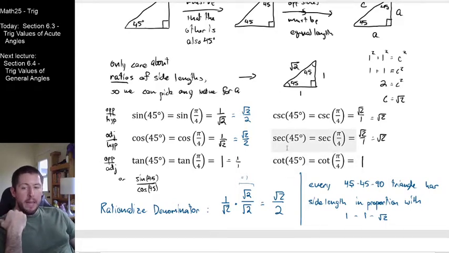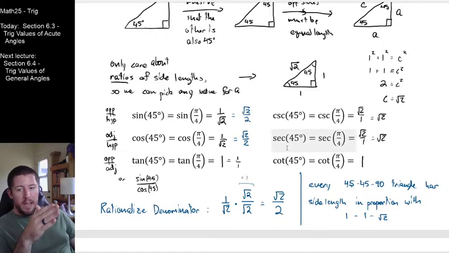So in my mind, I always come back to these triangles. If I were to ever forget these values, which I have been beat over the head with a trig stick my entire life, so I know these, I don't need the triangle anymore. But if you're learning these for the first time, if we're talking about the least you can memorize and still know all this, I think it's just the triangle.